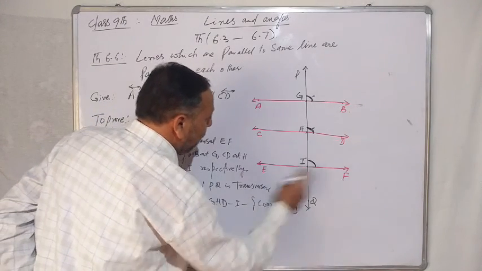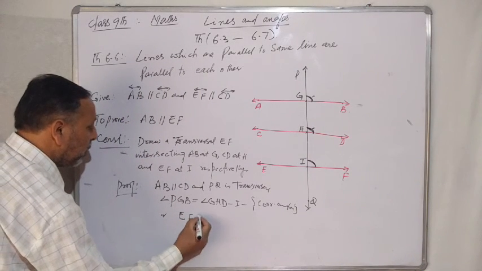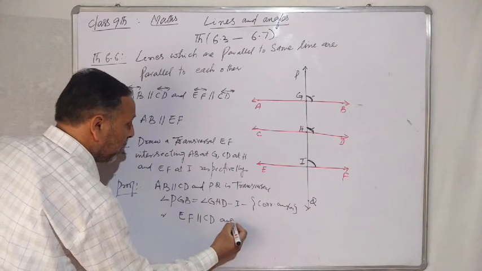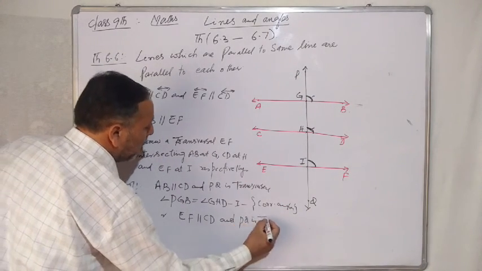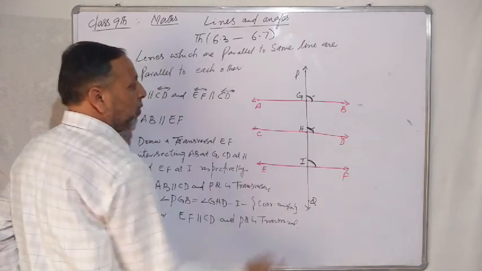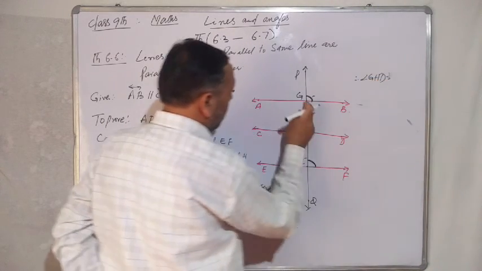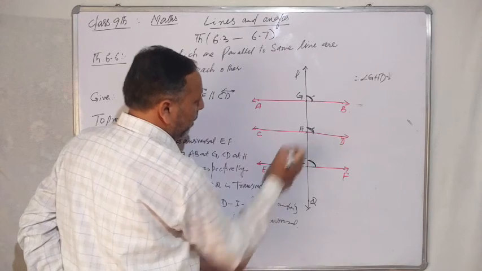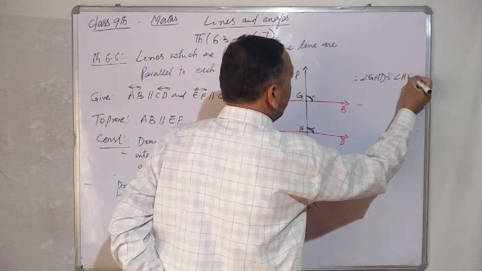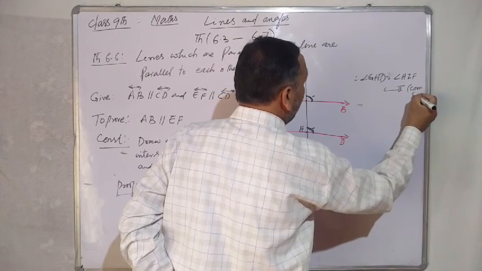Then you take CD is parallel to EF, and PQ is transversal. Therefore, angle GHD will be equal to angle HIF. You keep this as equation second. These are again corresponding angles.